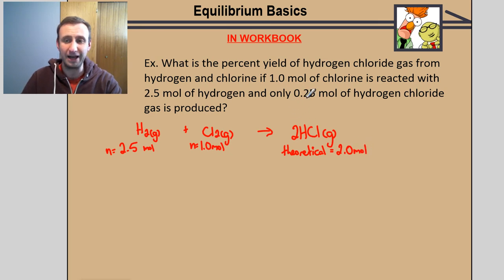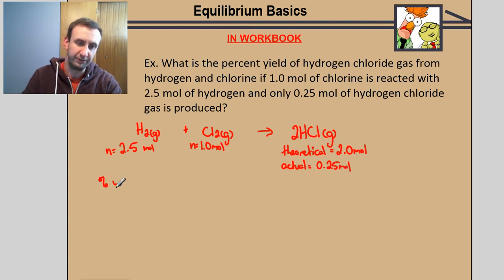Now, I had 0.25 moles of hydrogen chloride actually made. So actual is equal to 0.25 moles. So my percent yield is equal to actual divided by theoretical times 100%.